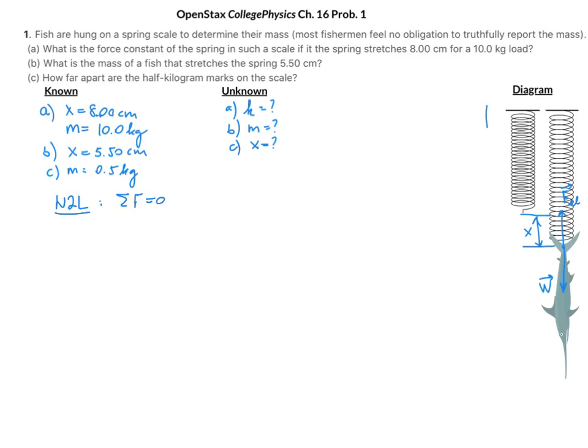If I take up as my positive direction, then the force that points up is the elastic force, so that would be F elastic. The force that points down is the weight, so that's W. Sum of the forces is equal to 0. So I can rewrite these. I know that the elastic force is kx. You might ask, why is it not negative kx?